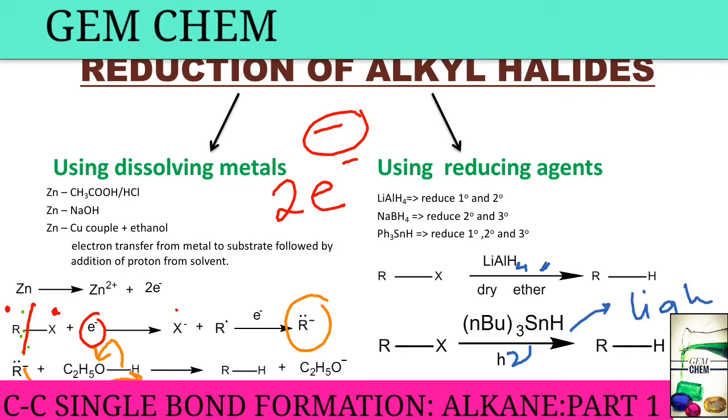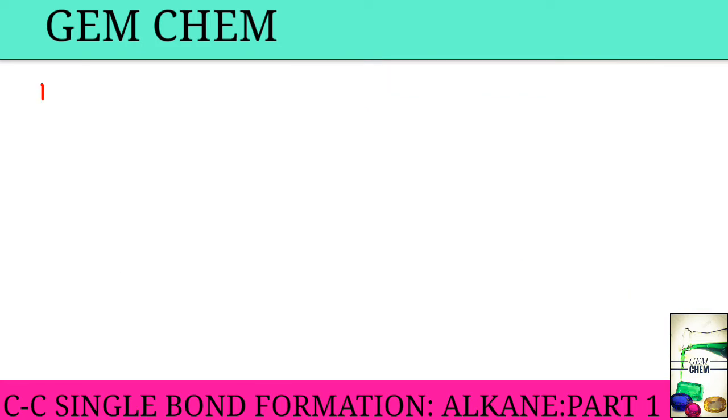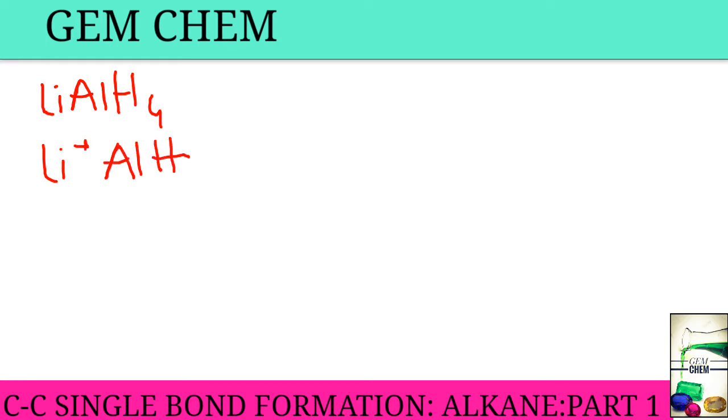Now why do these reagents have different selectivities? That is important to understand. How does lithium aluminum hydride react? We have to see this. Lithium aluminum hydride can be written as Li plus and AlH4 minus, right?